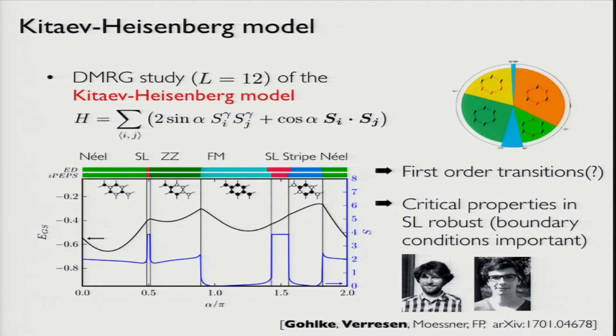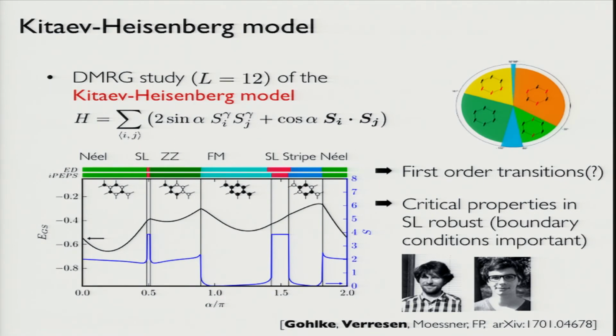Then if we go to alpha equals pi half, we are at the Kitaev model. If alpha equals pi, then we have a Heisenberg ferromagnet, and at 3 pi half, we are at the ferromagnetic Kitaev point. And then in between, we see various phases and phase transitions.